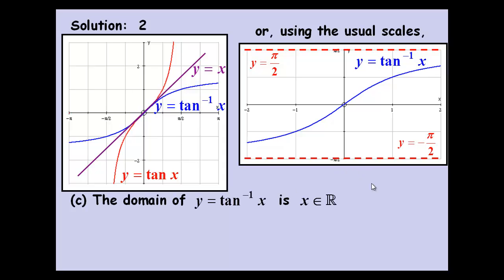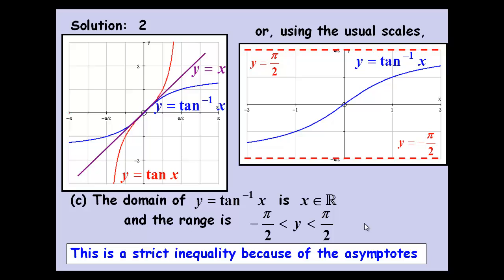So we can have any x value, but the range just goes between -π/2 and π/2. Because they're asymptotes, it's not an 'equal to' with the inequalities like it was with the inverse sine and inverse cosine graphs.